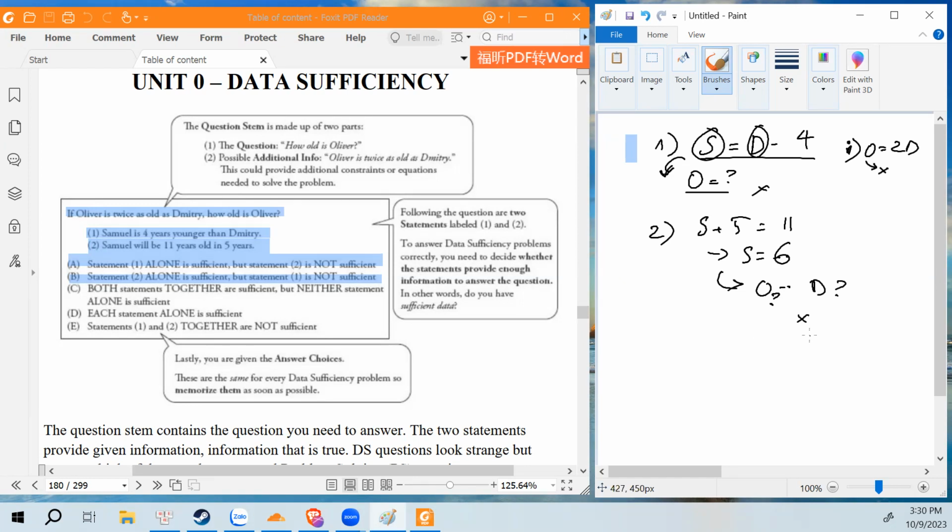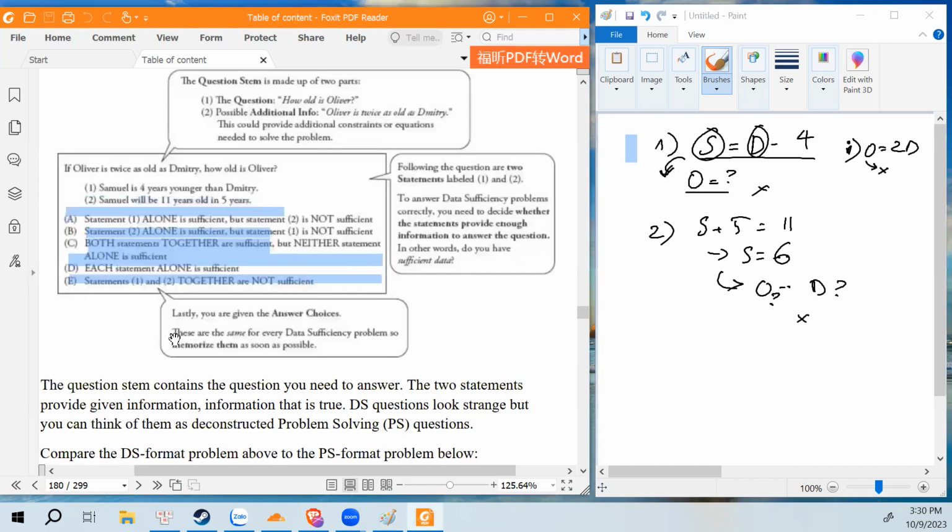In general, that is an example of these data sufficiency questions. You can see that the answer choices are a little bit verbose, but they stay the same across all different data sufficiency questions.